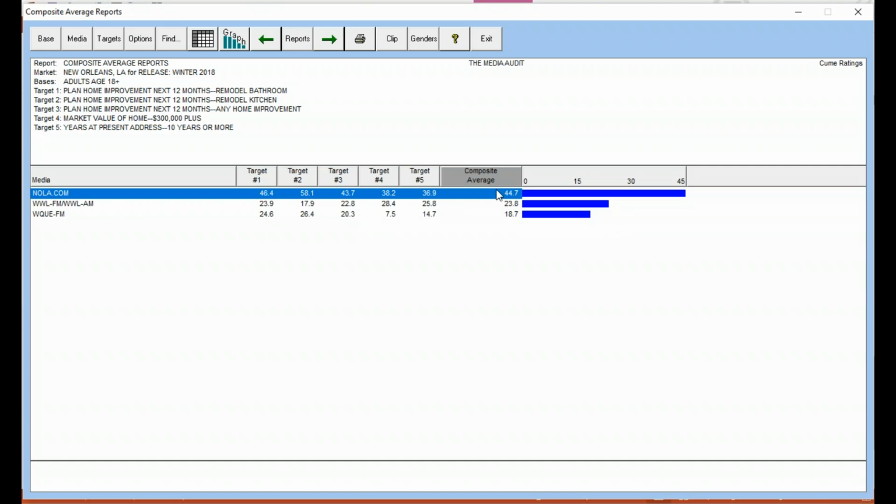So it averages this, and it is good in some respects. It's bad in other respects. And here's why it's bad. Okay. There is a big disparity between years lived at the present address and the sexy project of kitchen remodel. And because of that, an average is hiding that low and that high.